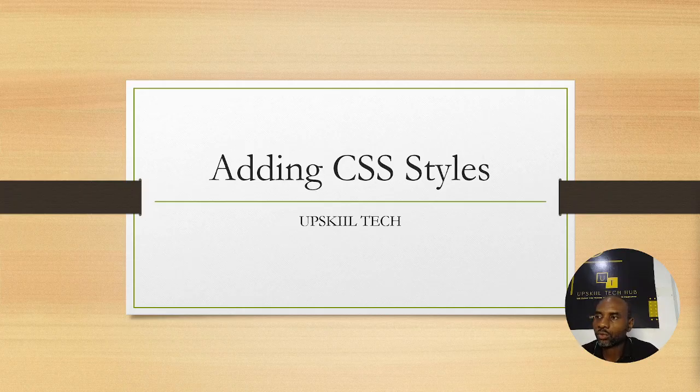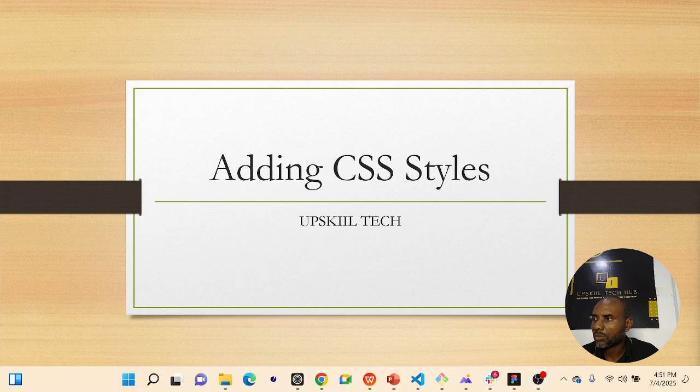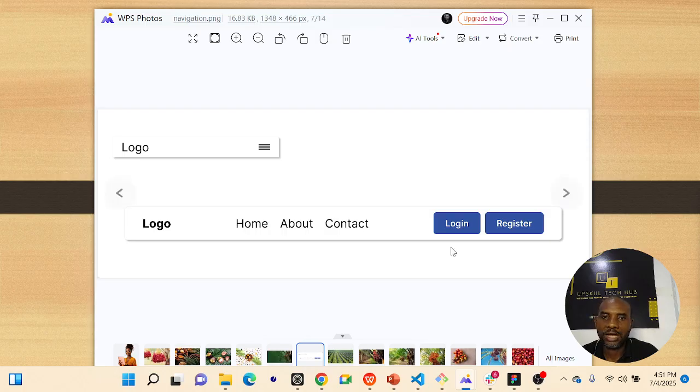Just to bring us up to speed, this is what we are working on building. We are building this responsive navigation bar so that on the mobile view, that's smaller screens, we have our logo on the left and our hamburger toggle menu on the right.